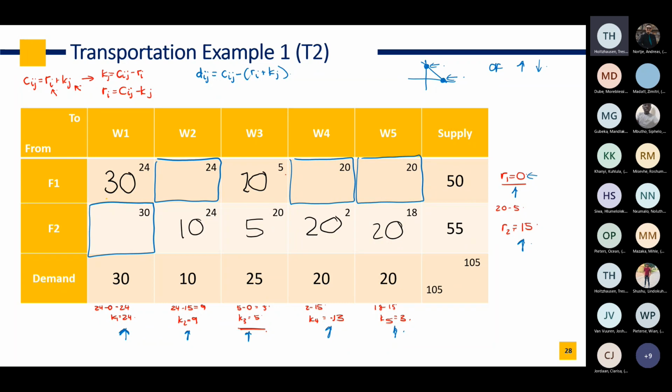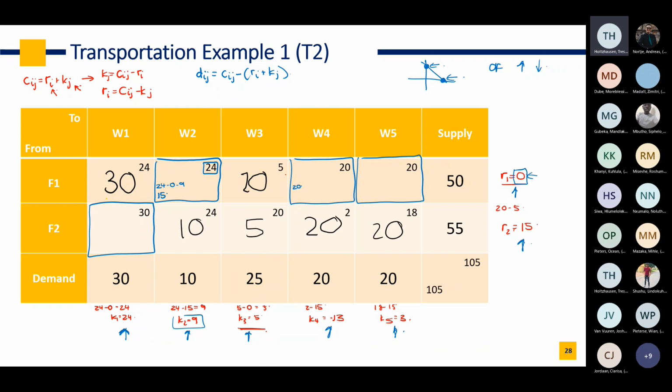So we look at the Dij and we have 24 minus 0 minus 9. And that is going to give us 15. We're going to move on to the next empty cell.